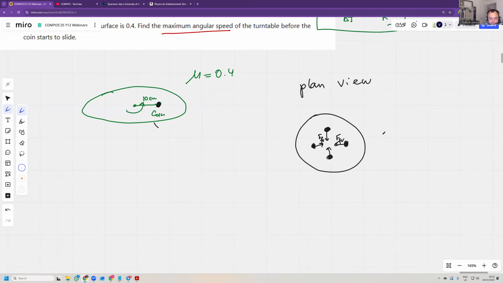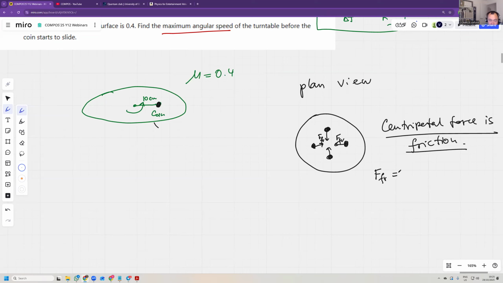So centripetal force is friction, and that's really important to understand. Therefore, the friction force is mv squared over r, because it's the mass of the coin times the speed squared over the radius.